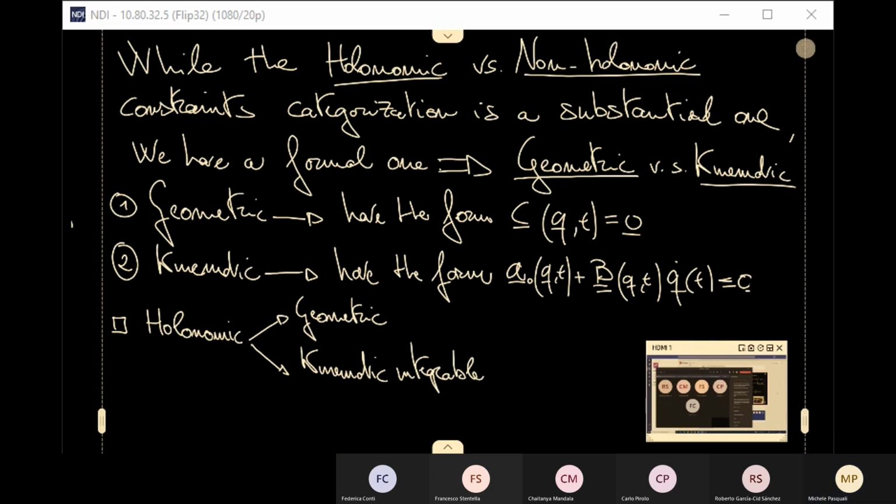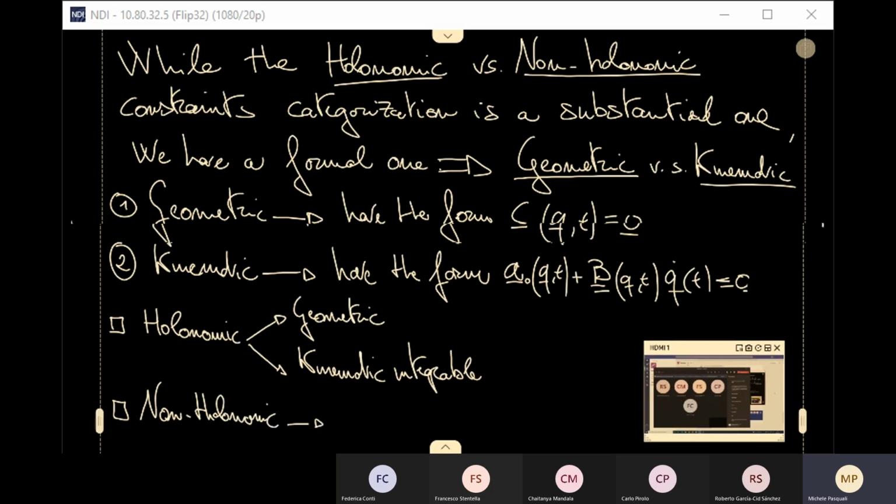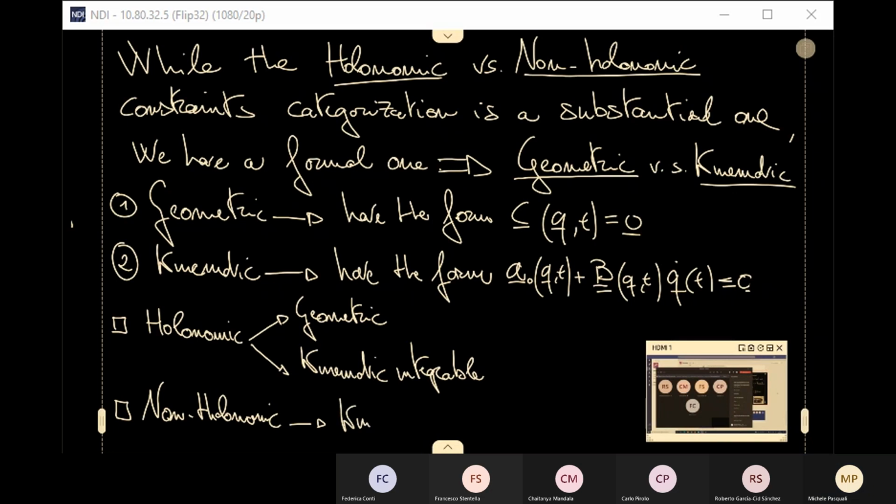While on the other hand, we have non-holonomic, and they are just the kinematic non-integrable. So you cannot go back to the other shape.